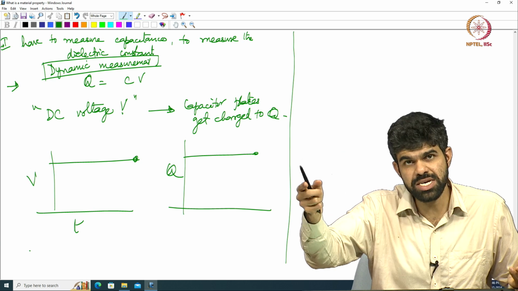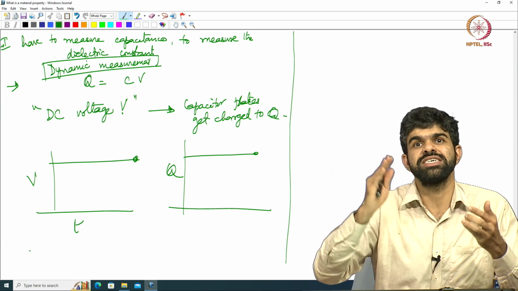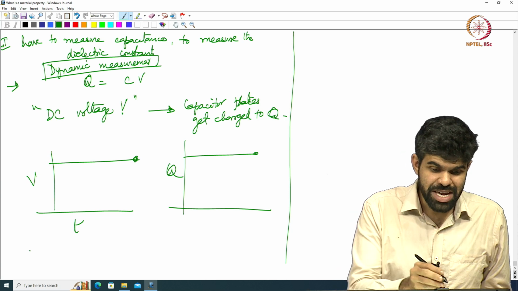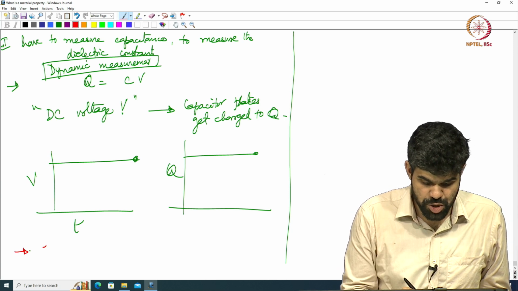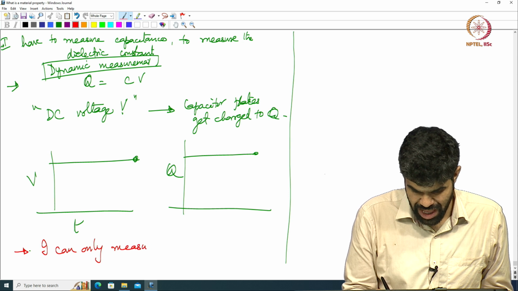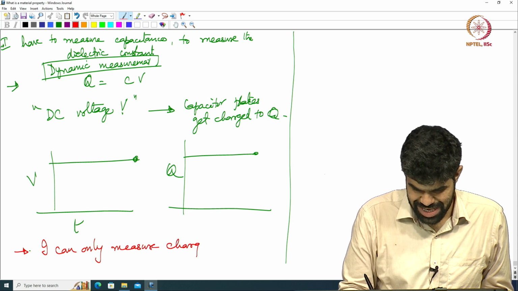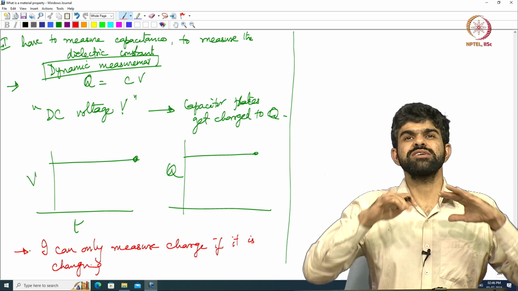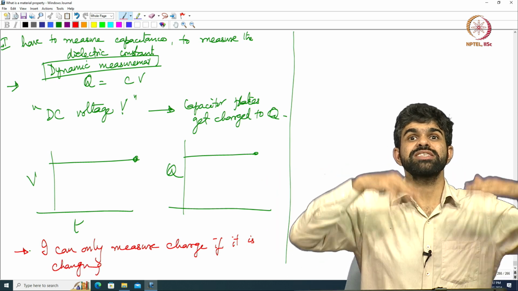So, I discharge it, I measure the current, I take an integral with respect to time, and I say this was the charge that was there. So, I can only measure charge if it is fluctuating. I cannot measure something that is constant, I can measure things that are changing.